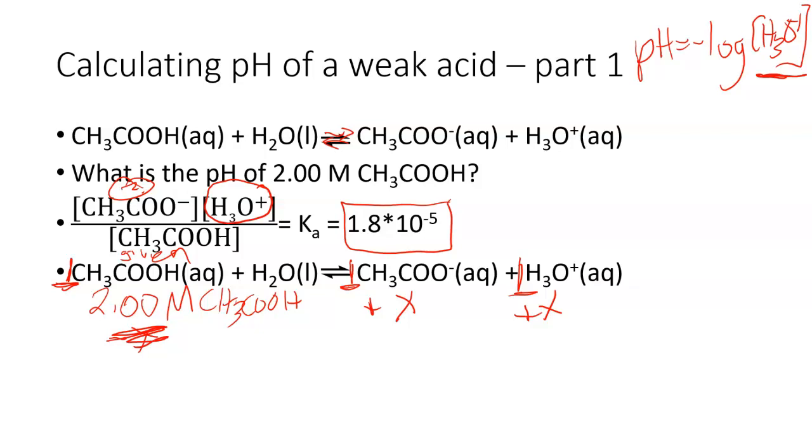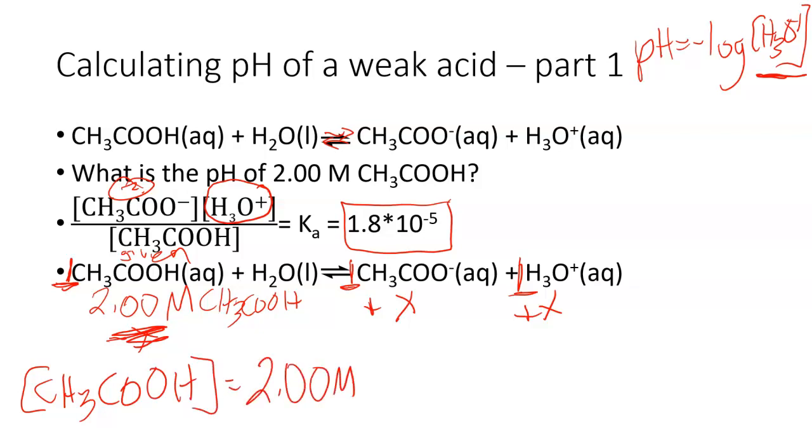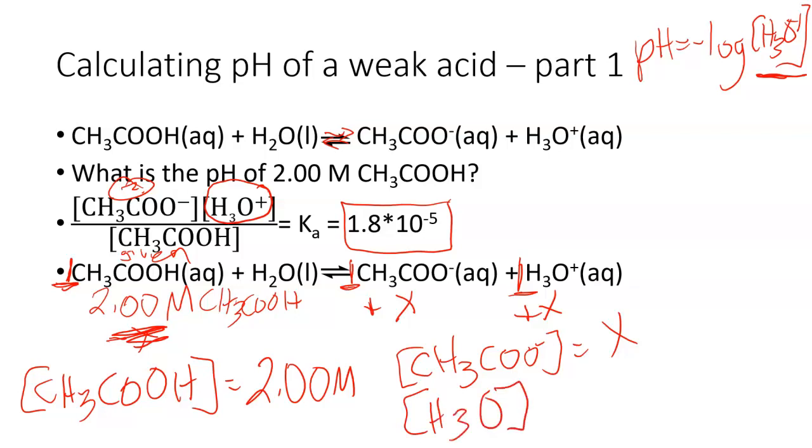But essentially what we're going to say is that our concentration of CH3COOH is going to be equal to 2.00 molar that we're going to use in our equation. The concentration of CH3COO minus is going to be equal to X, and the concentration of H3O plus is going to be equal to X.